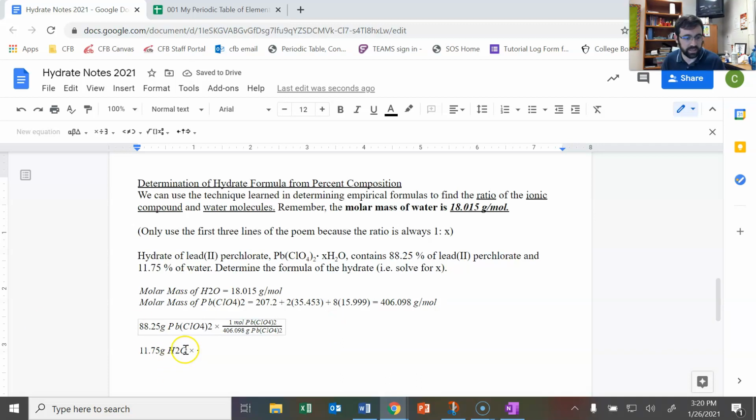And then right here we've got water. We want to put the mass of water, 18.015 grams of H2O for every 1 mole of H2O.